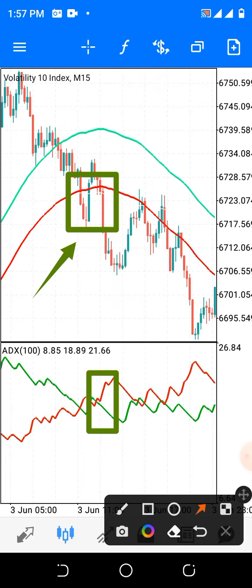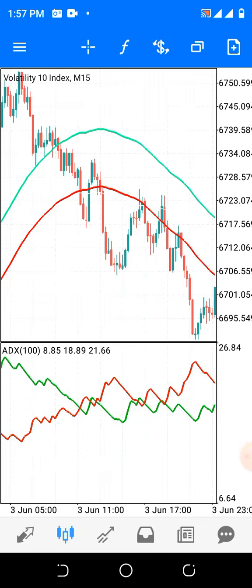Set your stop loss at the position of the green line of the envelopes indicator. That is when you are selling. Your stop loss should be at the position of the green line of the envelopes indicator. So let's proceed, and this is enough gain for you.